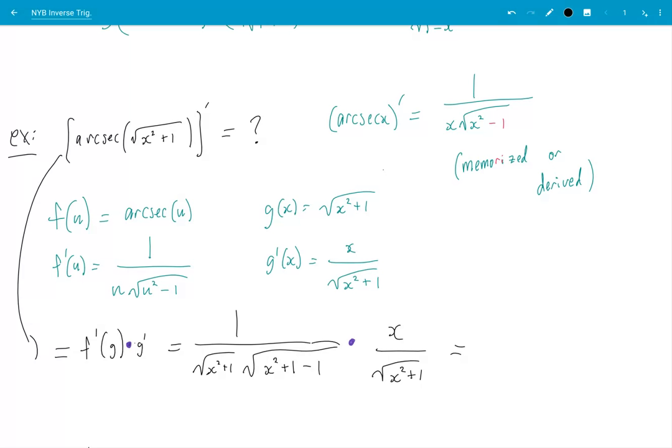Now, where are we? If I multiply this one and this one, I get just x squared plus 1 without the root sign. Root x squared, and then x here.